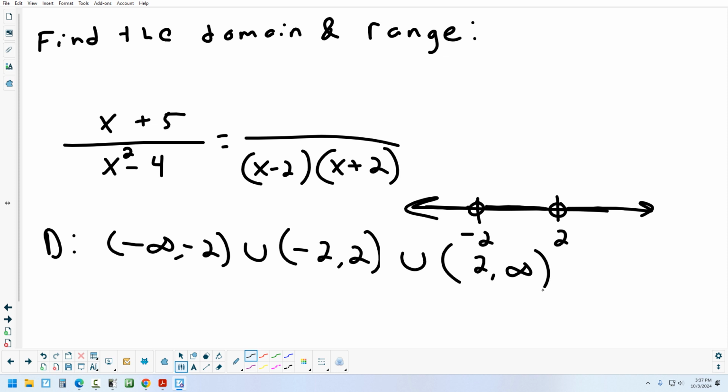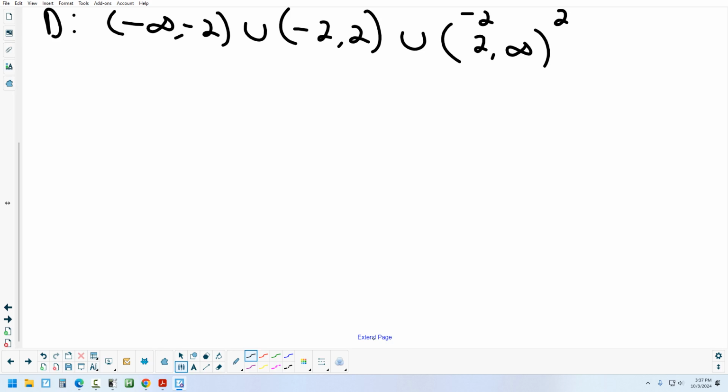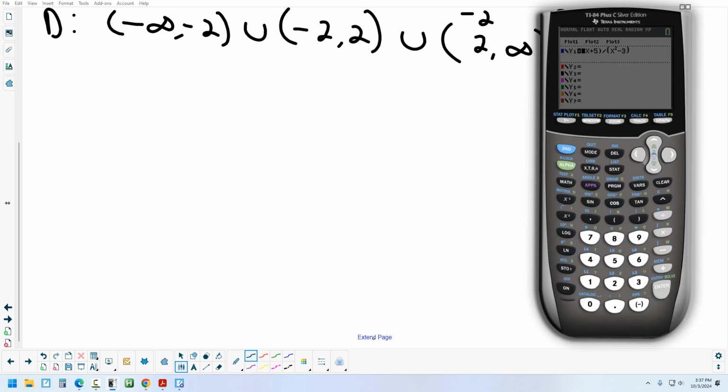Now, the range, we do need to graph it, because that's going to be a little tricky without a picture. Picture is going to help quite a bit. Okay, so here I've typed it in. Let me just fix this to 4. Okay, so here's our graph. And the range is how high and low the graph goes. So let's look at that.